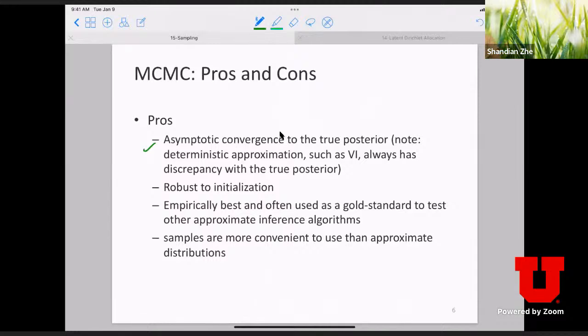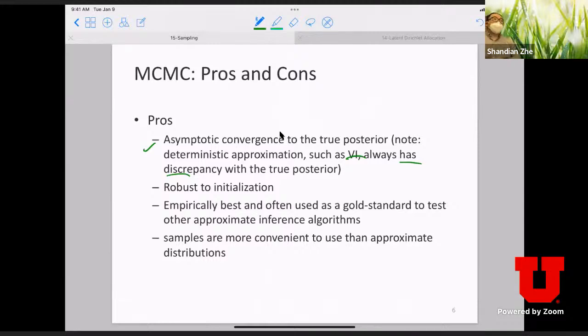Compared with other approximations like variational inference, as we mentioned before, at the beginning you should either restrict the range of your approximate posterior, or you have to make up some relaxation of the evidence lower bound. That means there's always a gap between your approximation and the true posterior.